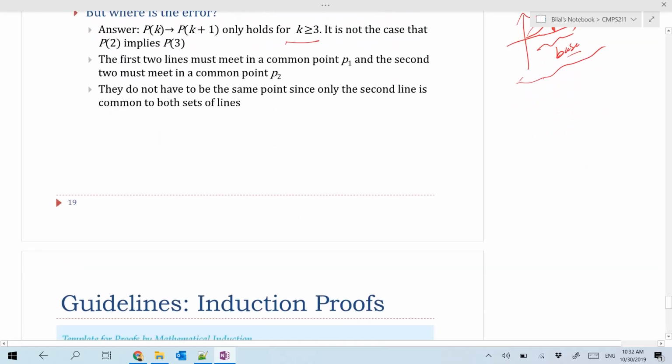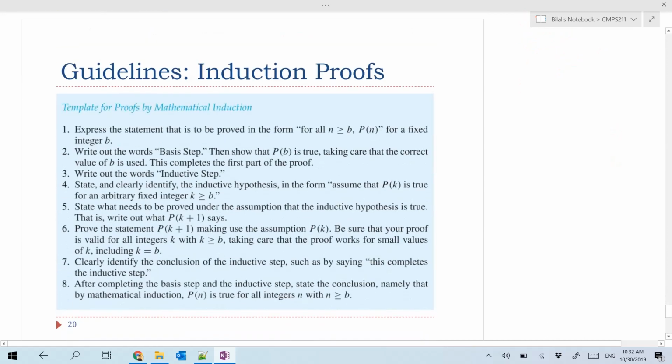So to sum it up, a proof by induction requires you to determine the basis step and to prove it. Usually this is straightforward.